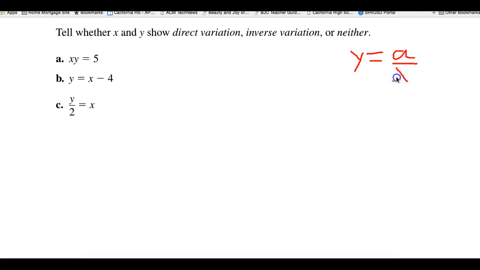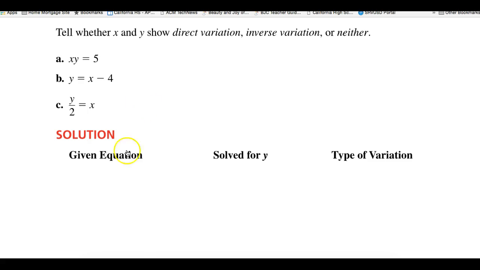That's inverse variation. So let's go ahead and look at these. In order to decide whether your variables show either direct or inverse variation, we need to solve for y. That's always the first step.